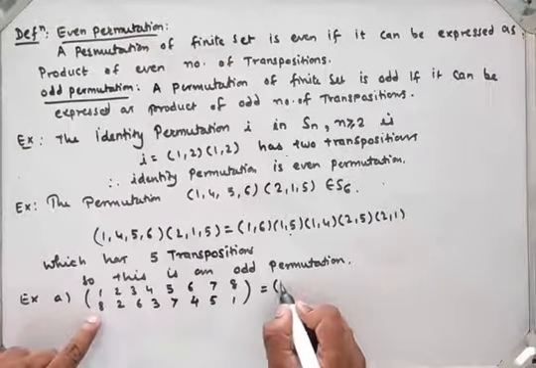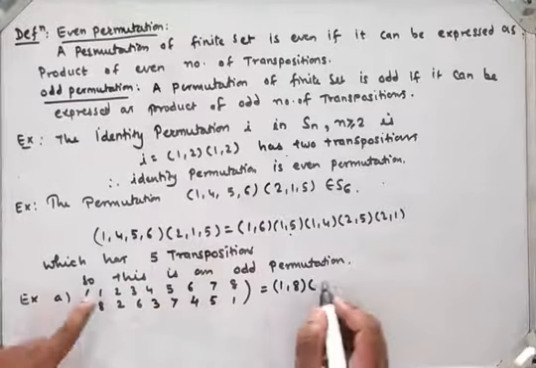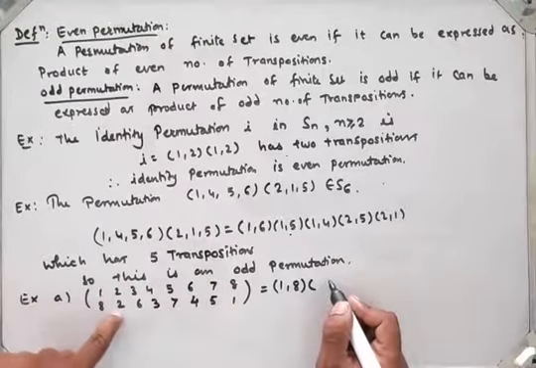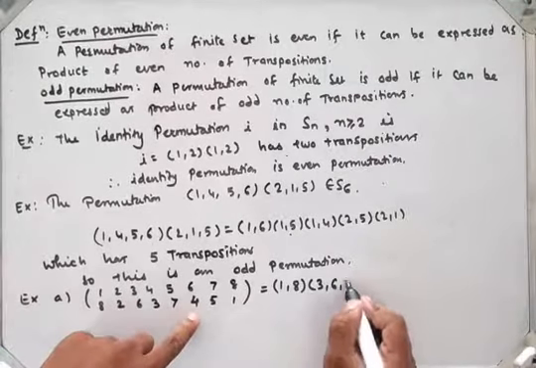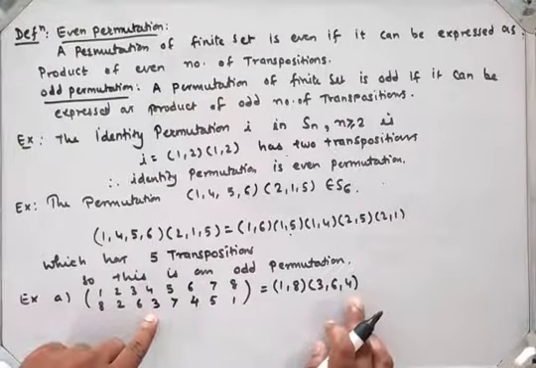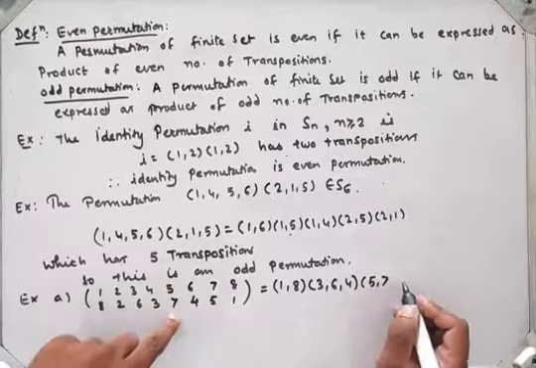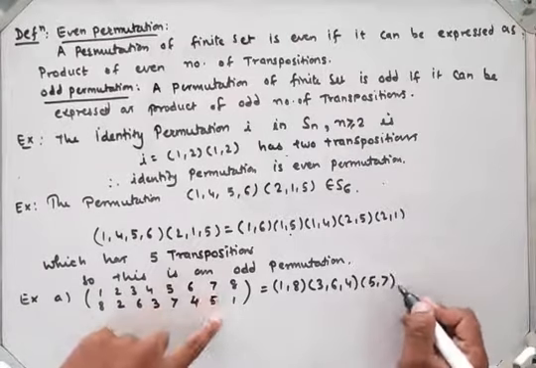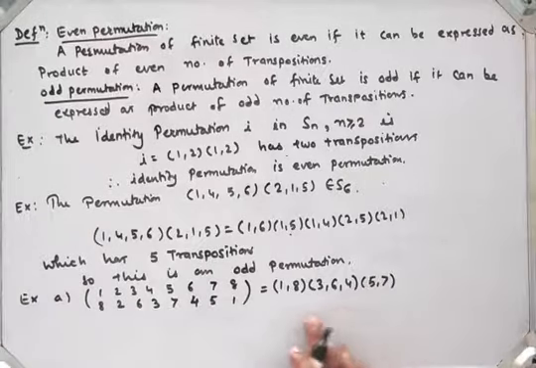Here 1 goes to 8, 8 goes to 1, so that is complete. Next 2 is fixed. 3 goes to 6, 6 goes to 4, 4 goes to 3, so that is complete. Now 5 goes to 7, 7 goes to 5. So this is a product of 3 disjoint cycles.